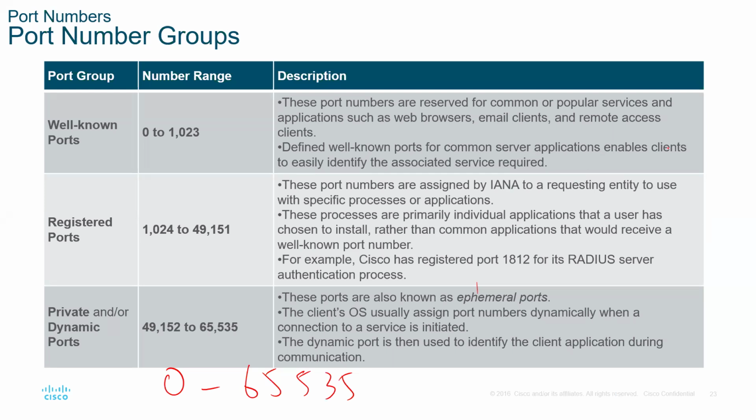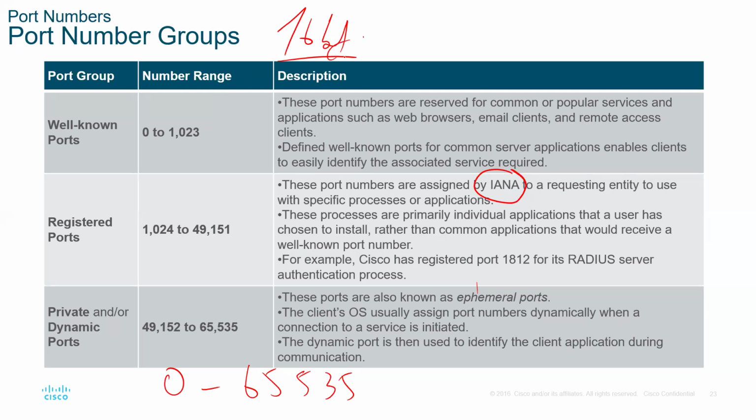Port numbers are assigned by IANA, which is also responsible for assigning IP addresses. This organization right here is the one which is also responsible for assigning IP addresses. IANA is responsible for assigning these port numbers, which are 16-bit numbers.